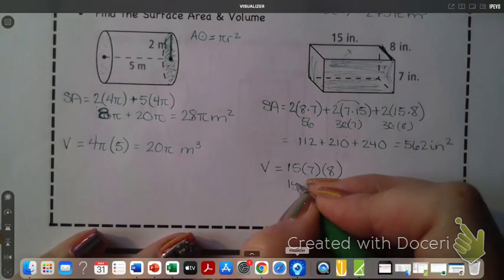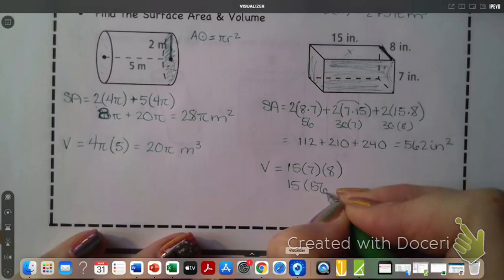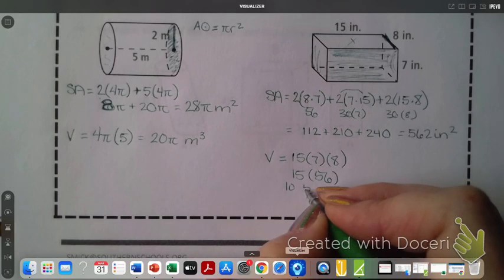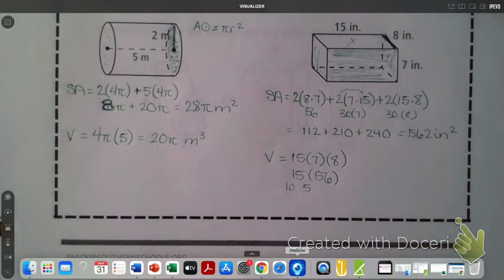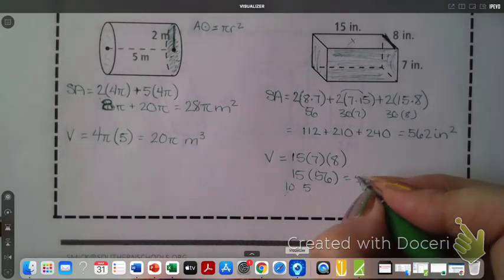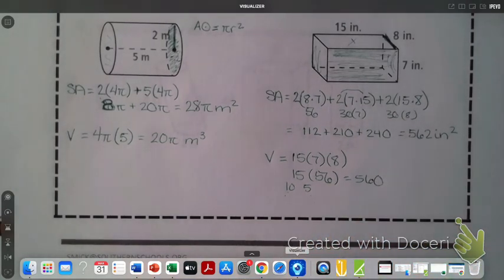So 15 times 56. Anybody do the trick with like 15 where you make it 5 and 10? Let's see how to do it. Okay, so 15 is 5 plus 10, correct? If I took 10 times 56, that's 560, isn't it? Then I take 5 times 56.